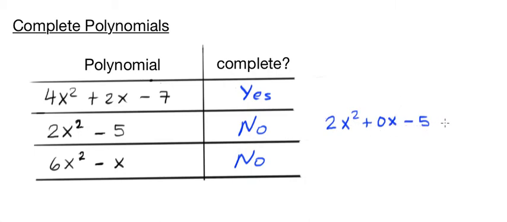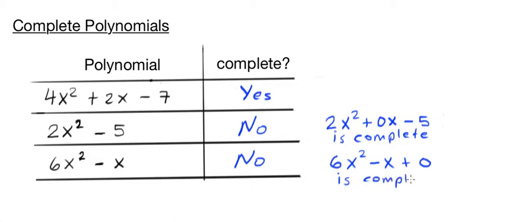Minus 5 is complete. So the good news is that whenever you're given a dividend that is not complete, you can easily complete it by adding zeros, right? This way, 0x for this term, 0 for the constant term. So this guy is complete.